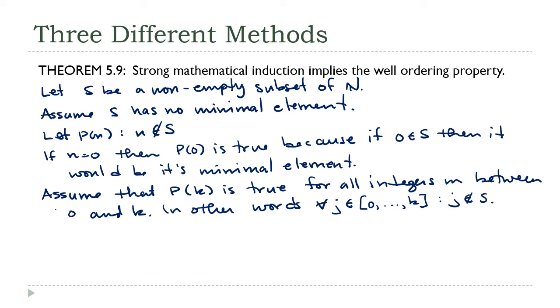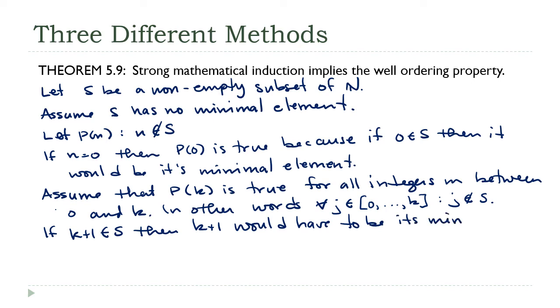Now, if k plus 1 is an element of S, then k plus 1 would have to be its minimal element, because all the smaller numbers up here have already been excluded.